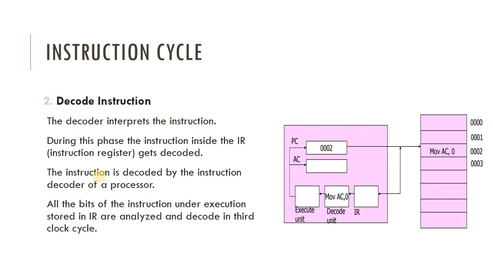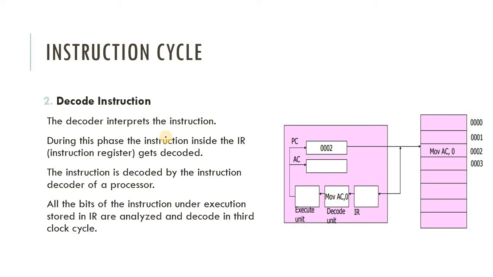Now the next stage is the decode instruction. The decoder interprets the instruction. The instruction is stored in the instruction register, and from that register we have to interpret each and every bit. So during this phase the instruction inside the instruction register gets decoded by the instruction decoder of the processor.